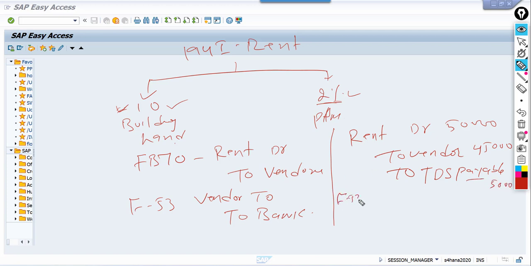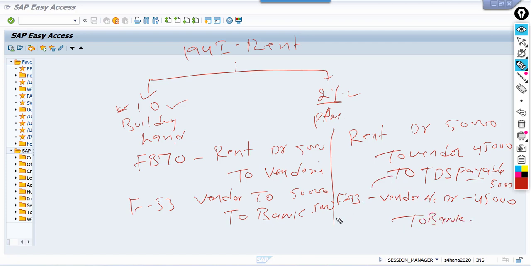From F-53, here we have 50,000. Before introducing this TDS, we are making complete payment to the vendor. After TDS, vendor account debit 45,000 only to bank.